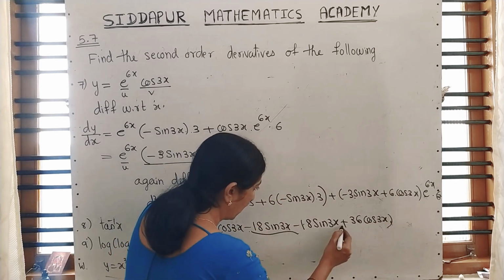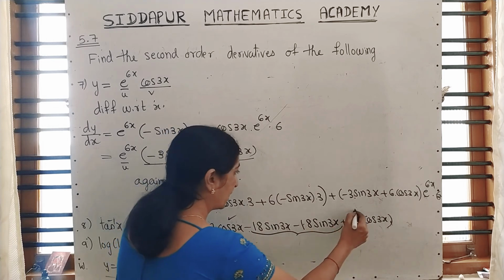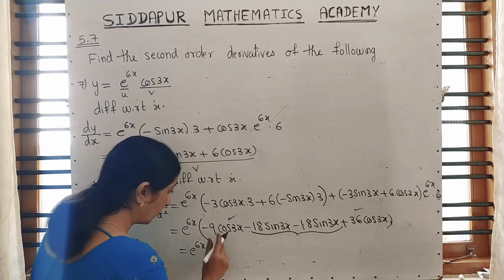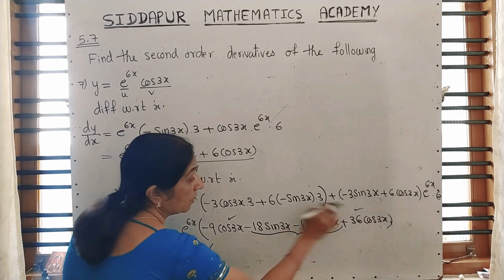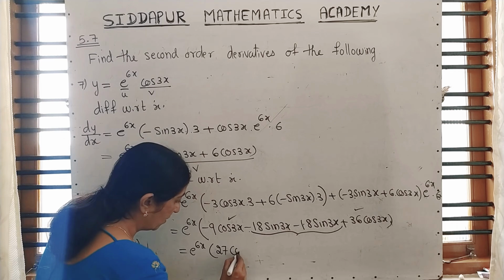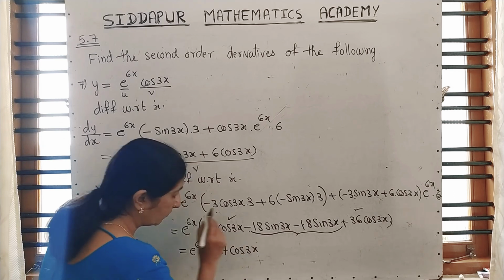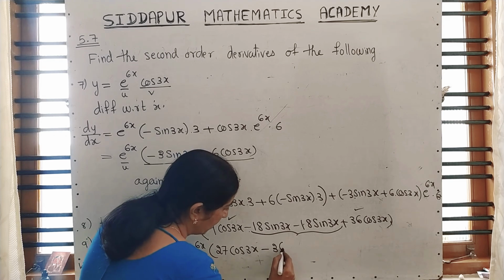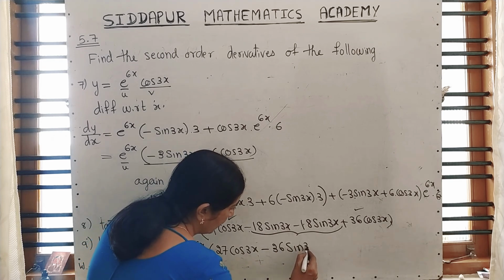See, these are like terms and these are like terms. e raised to 6x times minus 9 plus 36, that is 27 cos 3x, minus 18 minus 36 sin 3x.